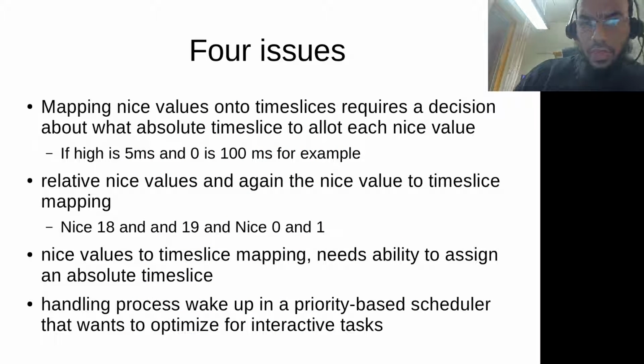There are four issues that were identified when they decided that the fair scheduler should not use absolute times for each priority, for each nice value, like the MFQ is supposed to in the book.